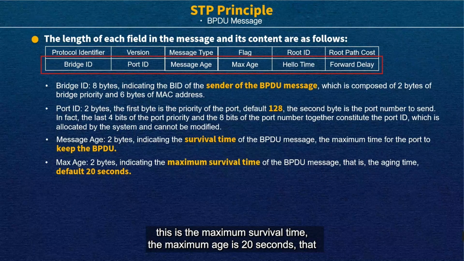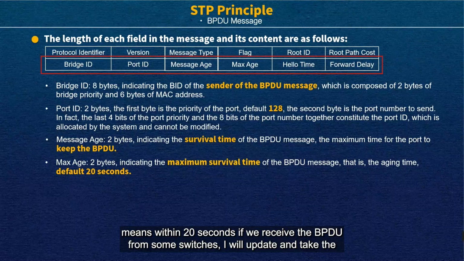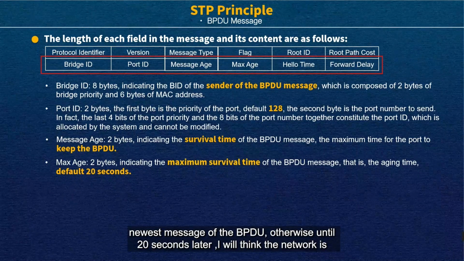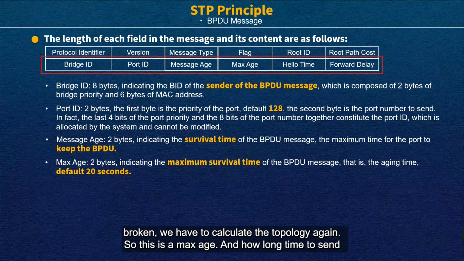That means within 20 seconds, if we receive the BPDU from some switch, I will update and take the newest message of the BPDU. Otherwise, 20 seconds later, I will think the network is broken. We have to calculate the topology again. So this is the maximal age.